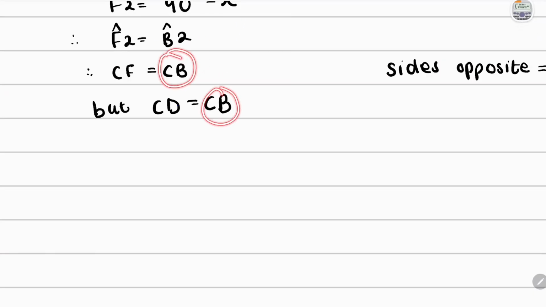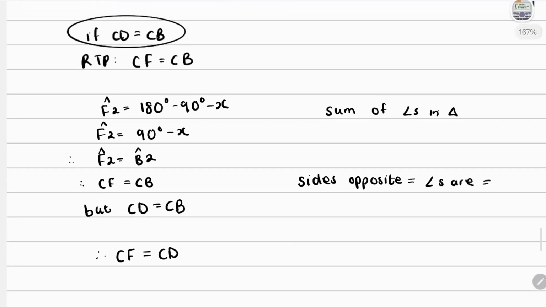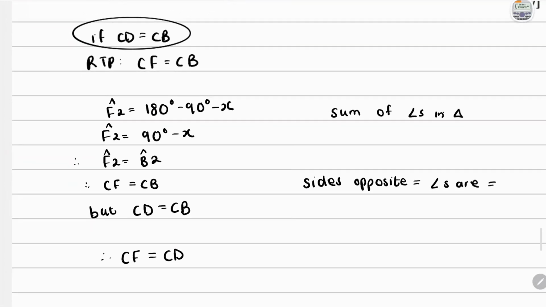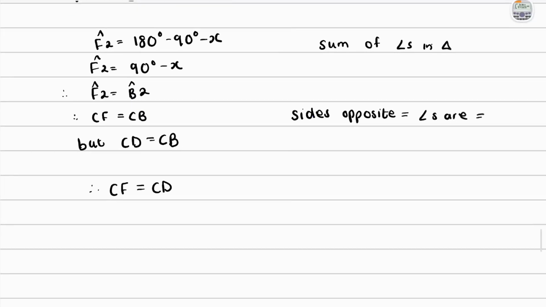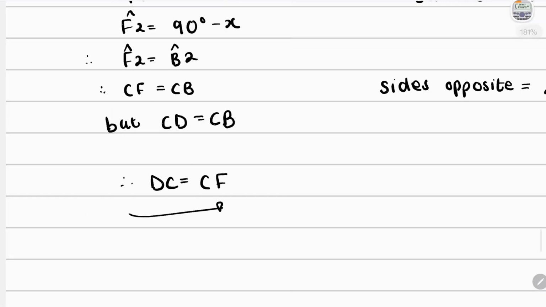That's equal to CB and that's equal to CB. So they are equal, since they are equal to the same side. So CF is therefore equal to CD, like they asked us to prove. Of course they called it DC and CF, so you can just say that as well. DC is therefore equal to CF, and that is our answer.